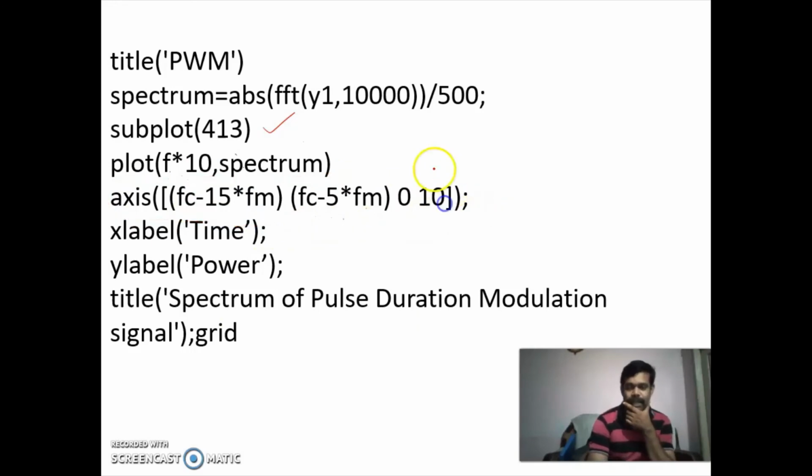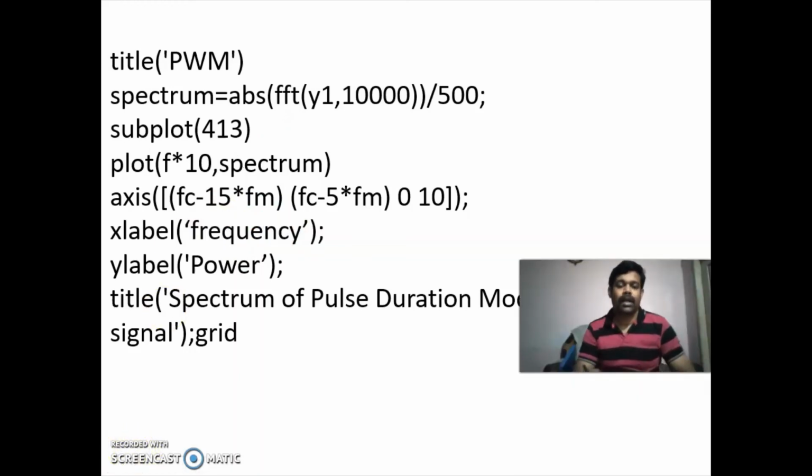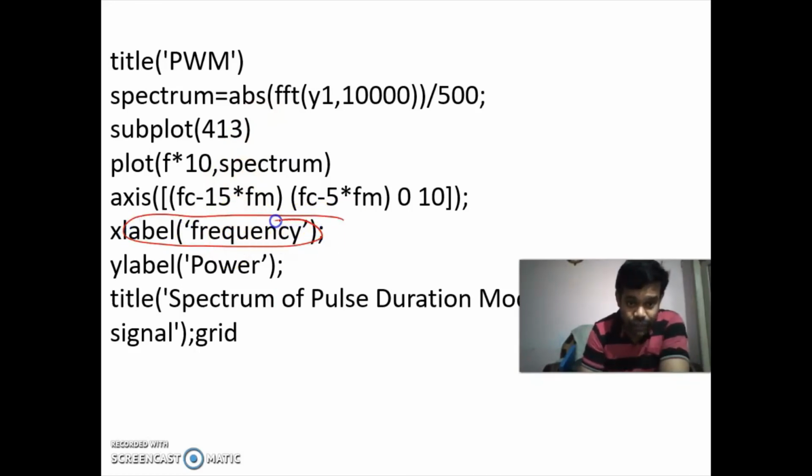In the x-axis the information is frequency. So when you are going for the spectrum, the x-axis value is frequency and the y-axis value is power.